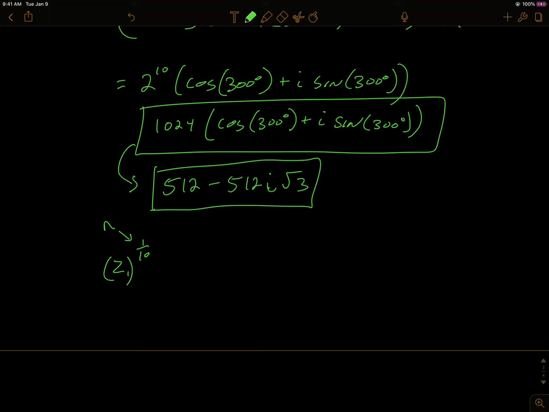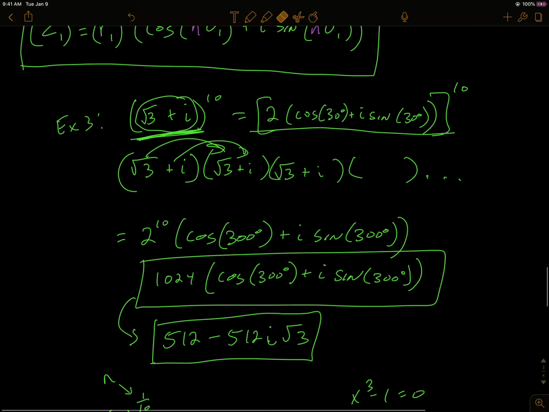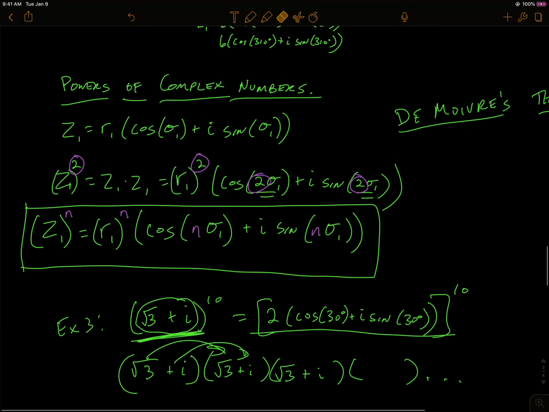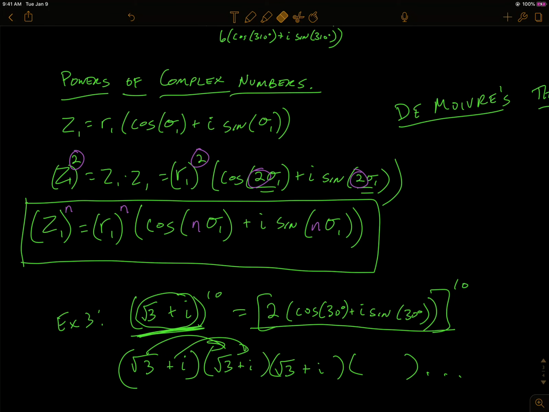So I could take the 10th root of a complex number as well, and that's really helpful in solving equations like x cubed minus 1 equals 0. De Moivre's theorem gives us a nice way to do that. We are not going to go into that in this video. We're going to just stop here. So you should be able to now multiply, divide, and raise complex numbers in polar form to any power you like.